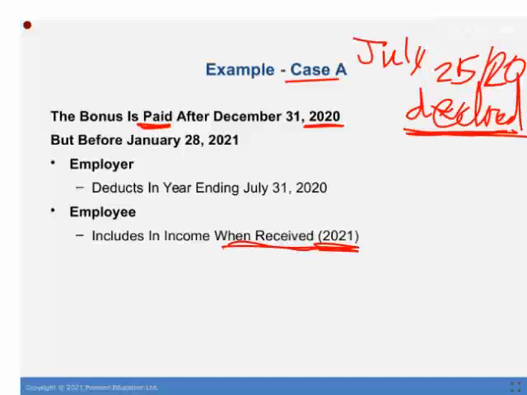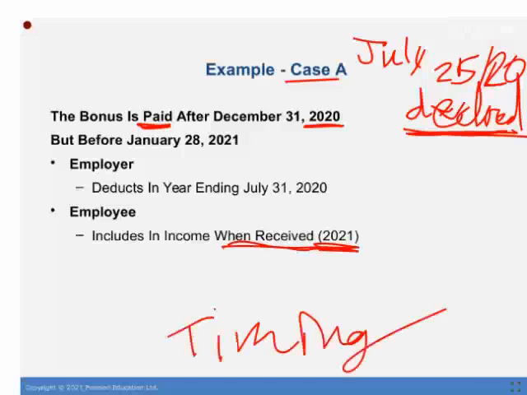Because remember, this is a deduction for the employer. They're paying you extra wages. So it's all about timing. The reason we're talking about any of this is timing and the difference for a business between accrual and cash accounting.